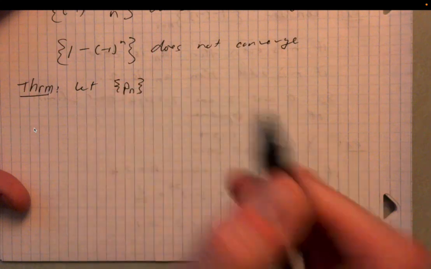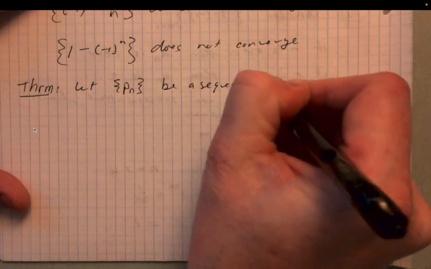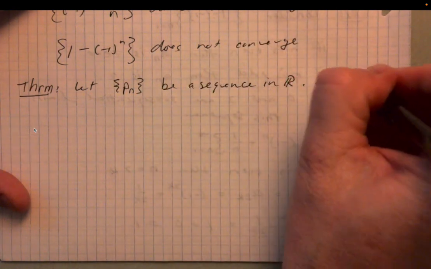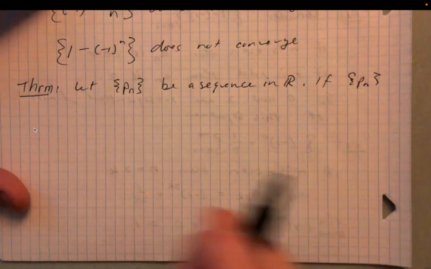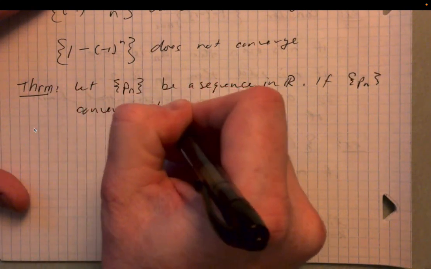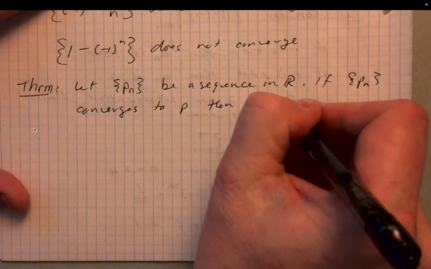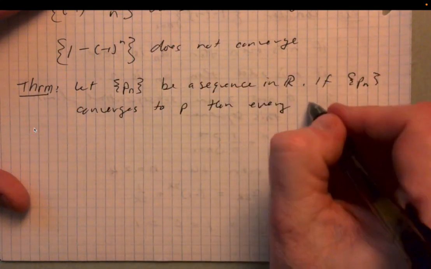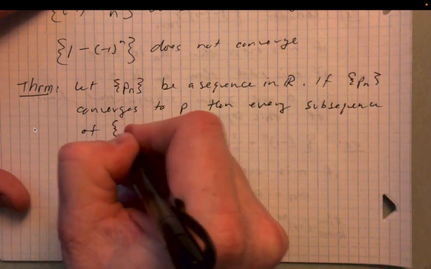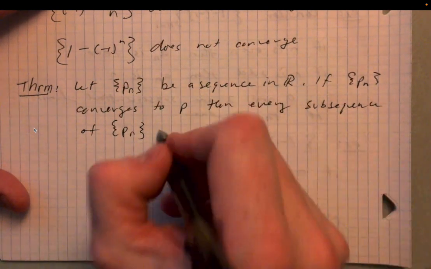Let p sub n be a sequence in R. If p sub n converges to p, then every subsequence of p sub n also will converge to p.